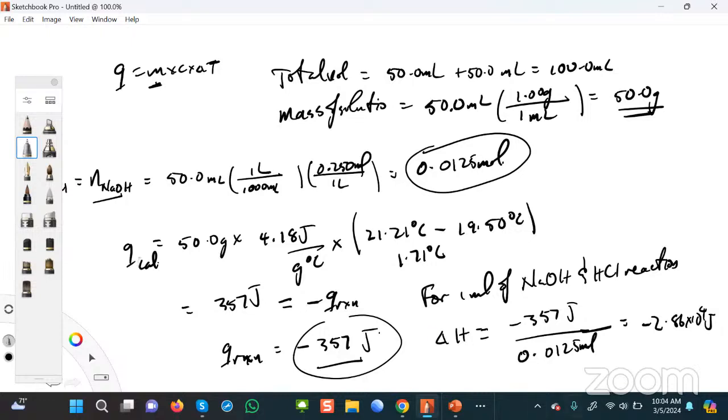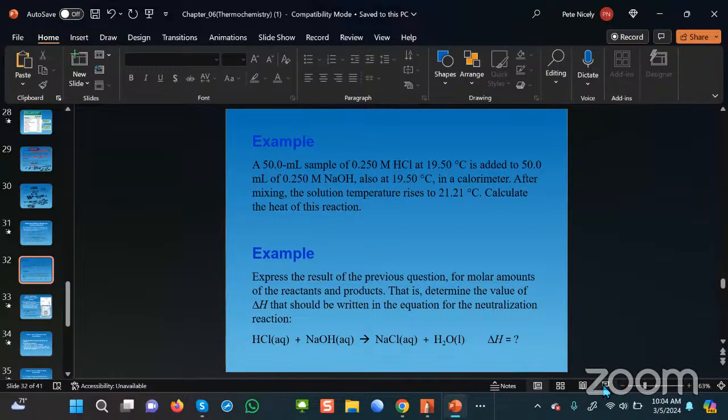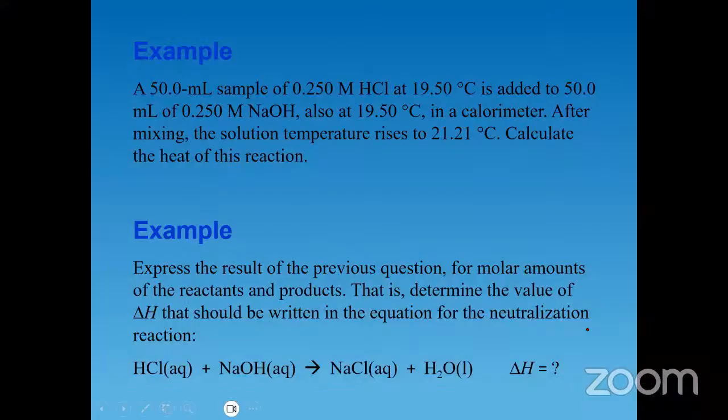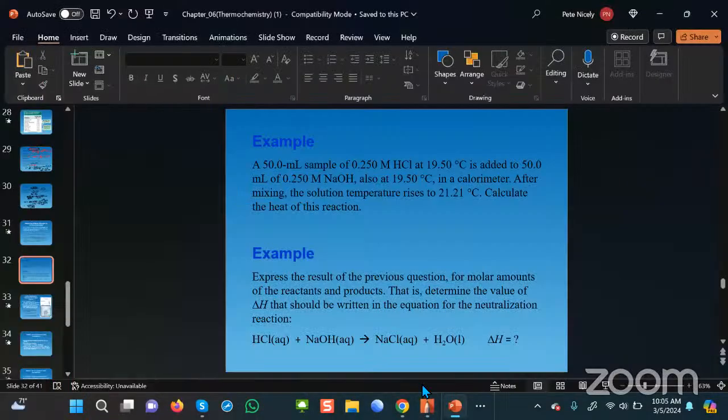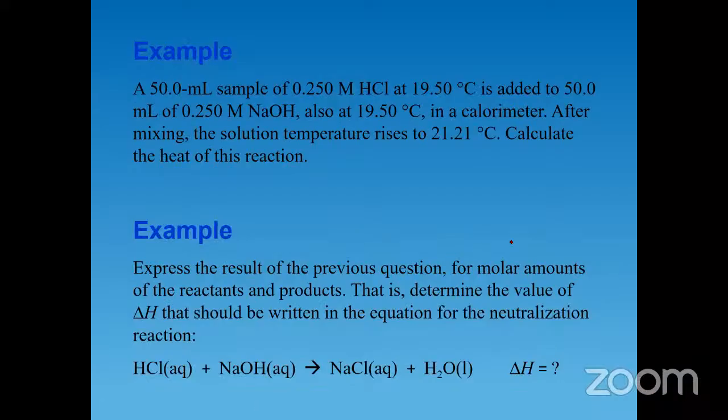So the value that should go here is minus 2.86 times 10 to the 4 joules. So that's how that is done.